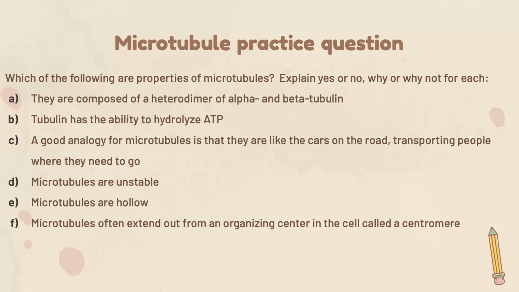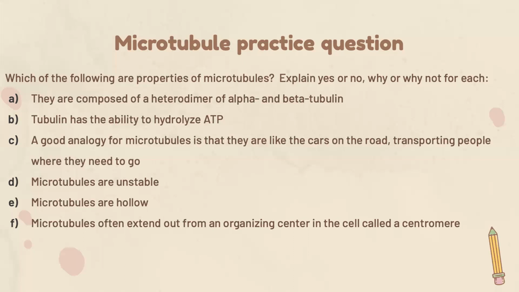So the microtubule is the road, and cargo is transported through the road or using the road. The motor proteins are considered the cars because they bind to cargo and walk along the microtubule, bringing the cargo along with it. All right, next one.